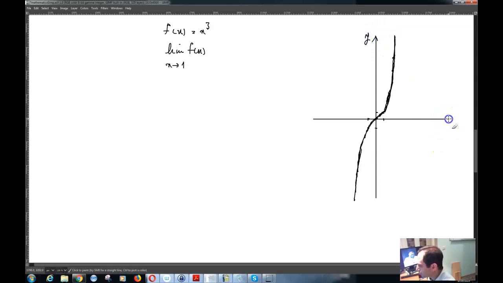So this is y and this is x. And these are some points on the graph of the function. So that here is your graph, and then you can also do a simple table for this function.